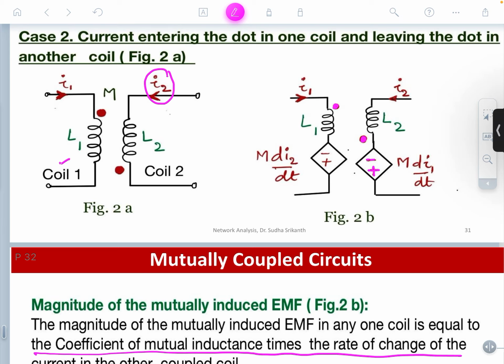Now, if we look at I2, I2 is leaving the dot. If I2 leaves the dot, then the dotted end of the other coil is negative. The top end is dotted, so this is negative and this is positive. That is how you interpret the dots.